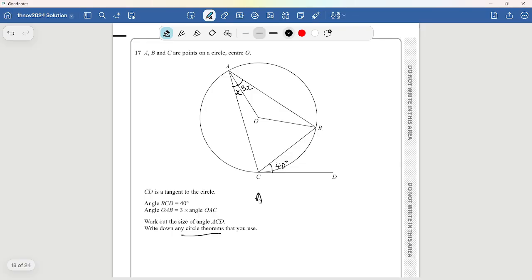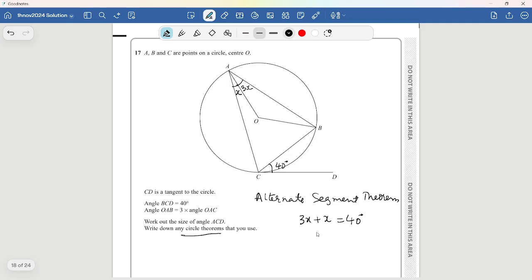So using the alternate segment theorem, I can say this angle, that is angle BCD, which is 40 degrees, is exactly same as the angle subtended by this chord inside the circle. So it will be equal to the sum of these 3x and x. So we can say 3x plus x is 40 degrees according to the alternate segment theorem.